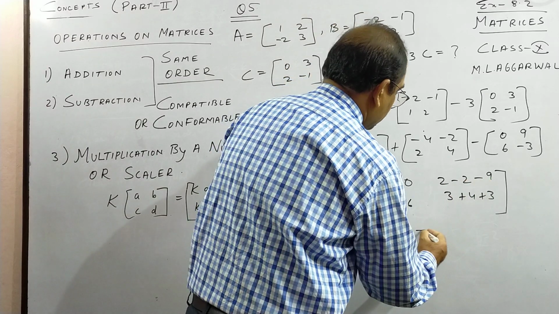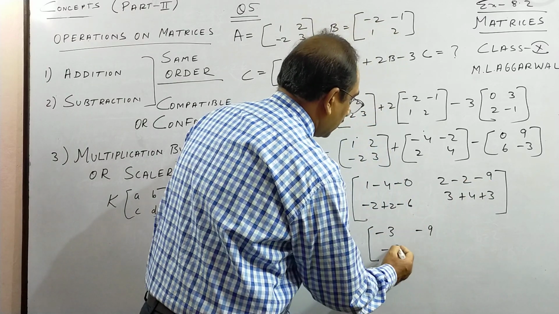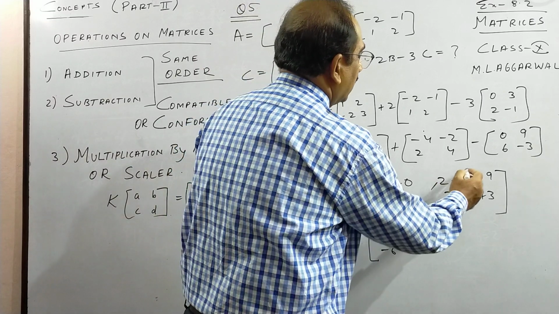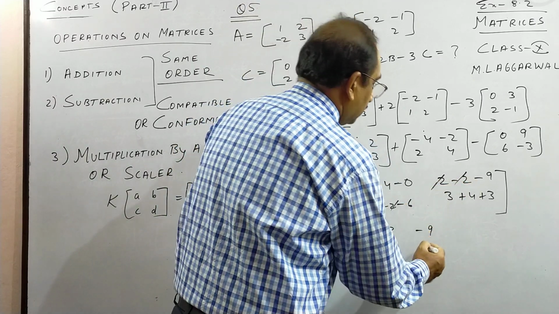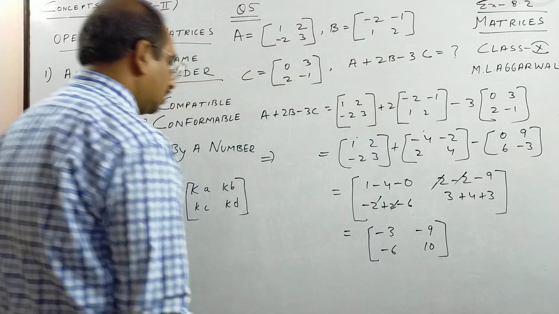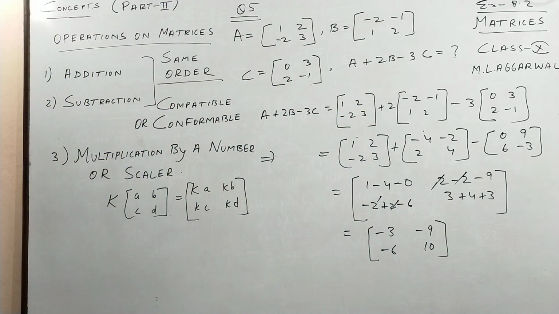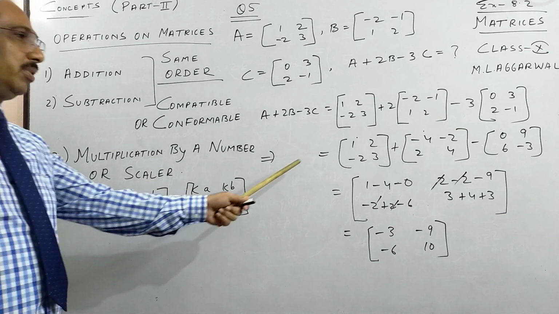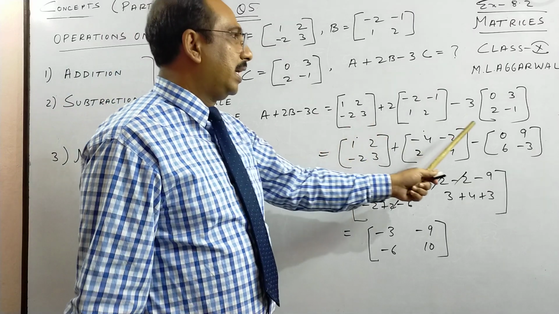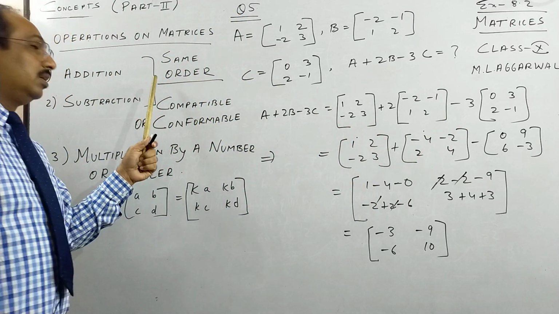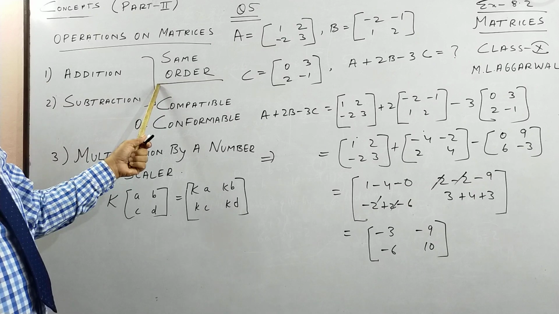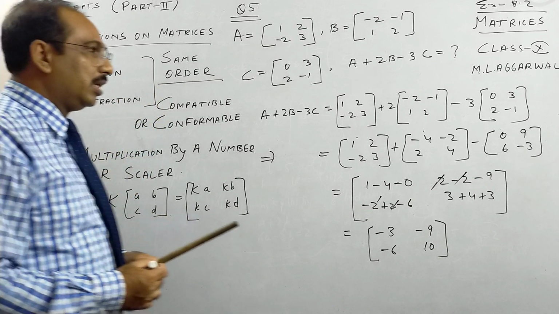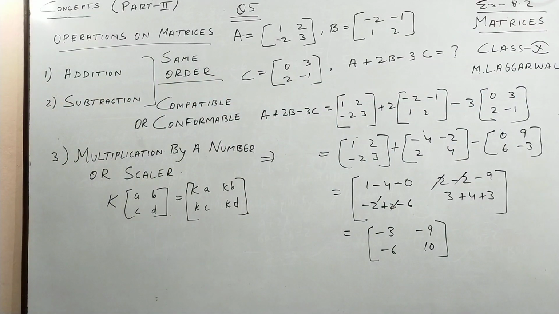This 2 cancels, you get minus 9. This 2 cancels, you get 6. So you can cancel when you add, and this gives you 10. This is how we have applied our idea of multiplying by a scalar and adding. And remember, children, they should be of the same order, then and only then they are compatible. So kindly pause the video and copy question number 5.